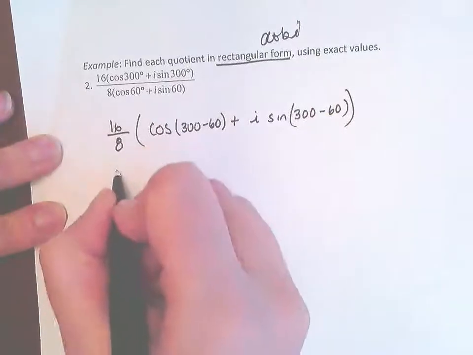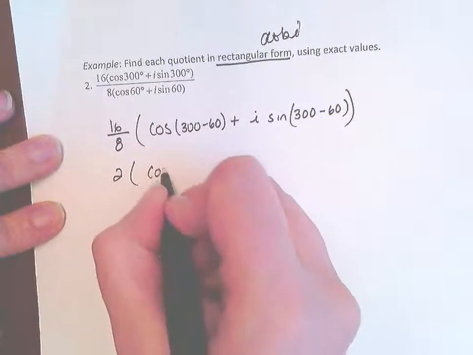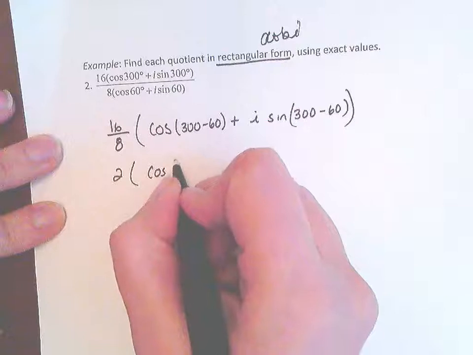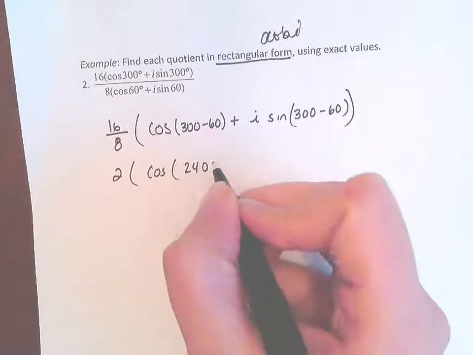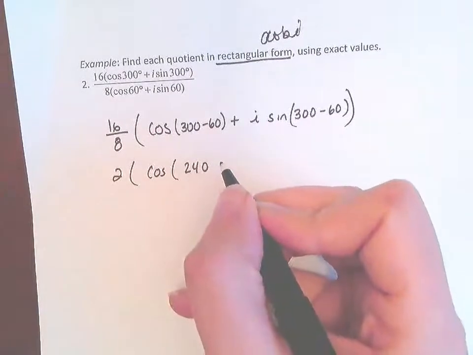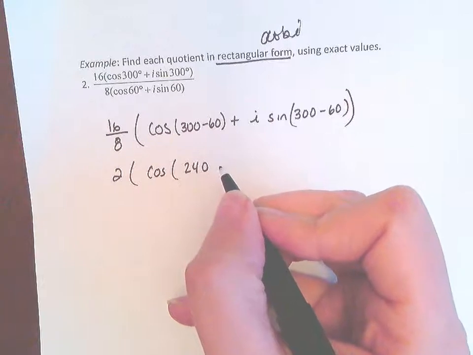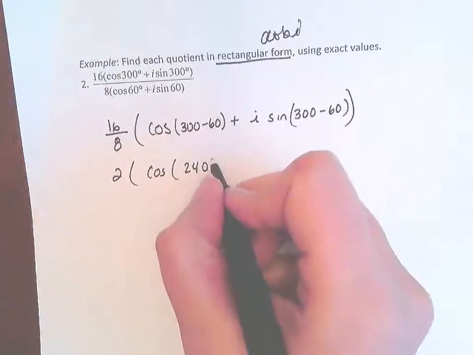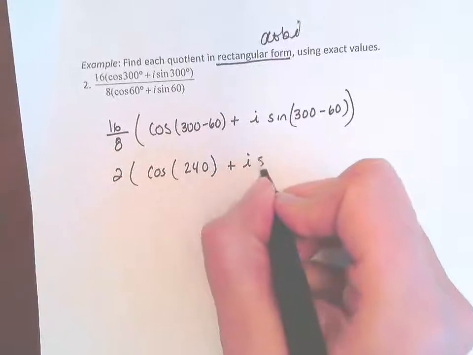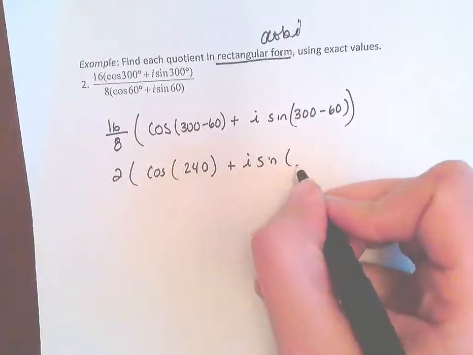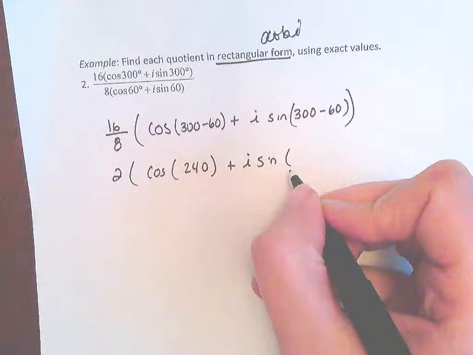So 16 divided by 8 is 2. This is cosine of 240, plus I sine of 240.